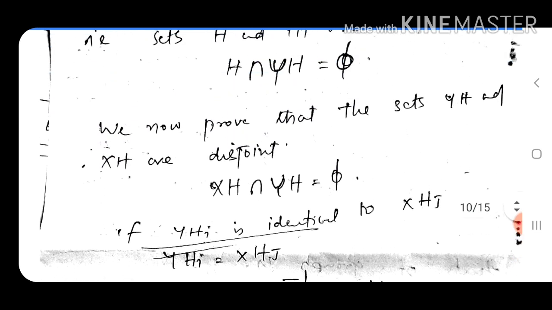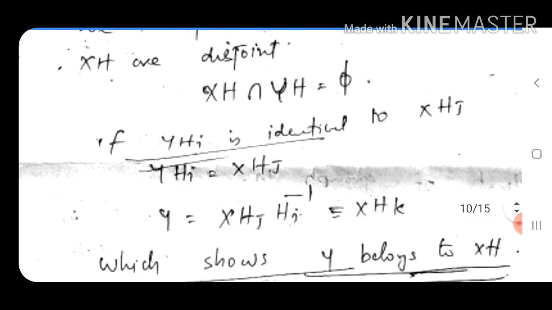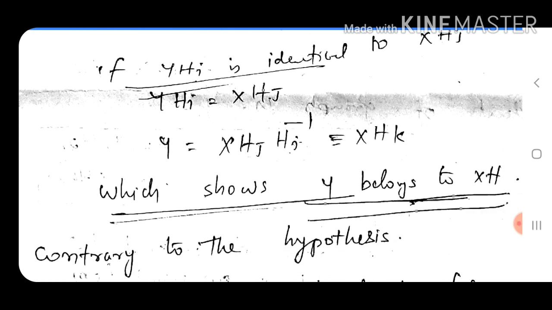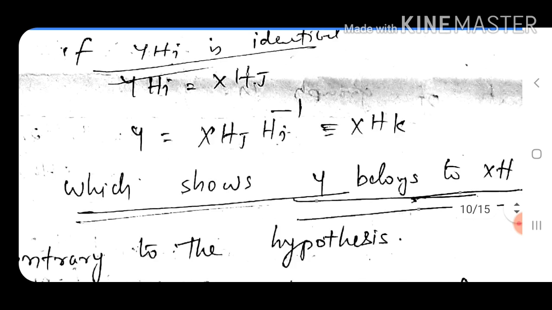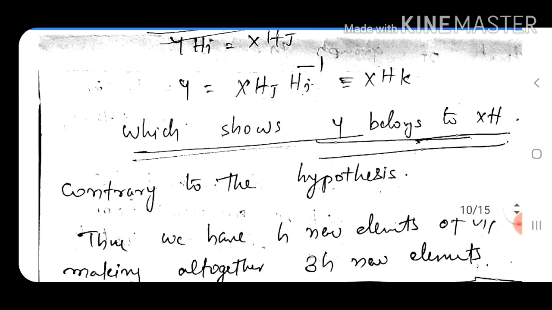So if we start from the assumption that one element of YH is identical to XH, that is Y Hi equals X Hj, what we are seeing is that Y belongs to XH. That is contrary to the hypothesis. We have chosen Y in such a way that it does not belong to XH.